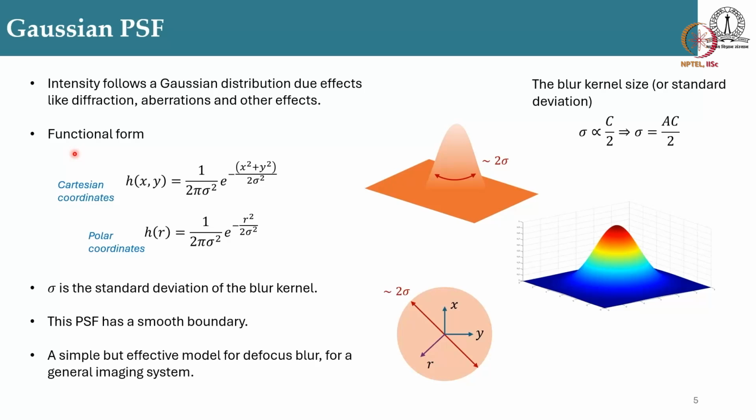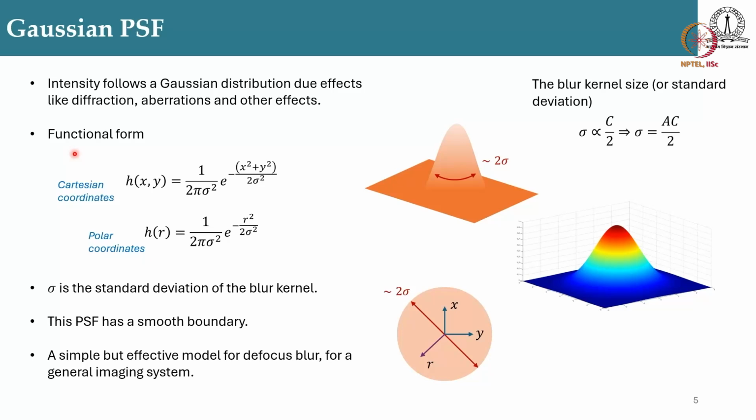So this earlier model of the box function is an idealized one, where you assume that the blur circle is uniformly illuminated, but here you see that there is no defined boundary for the blur circle, and that creates a problem in a way because we are assuming a model here which doesn't have any boundary, and in the previous ray optics ideologies we have seen that there exists a boundary because there is a cone of light and things like that.